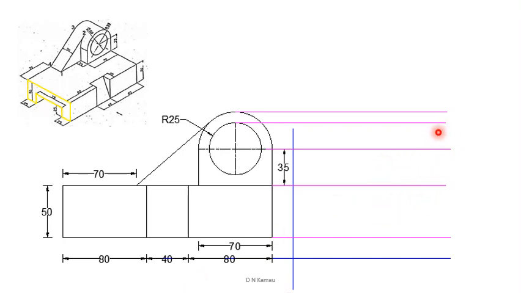So we are now trying to plot the end elevation, and we are borrowing the heights. This is the first height we are borrowing with a projection line, and we're also borrowing this hole over here. The center is borrowed. We should have also borrowed this part over here.